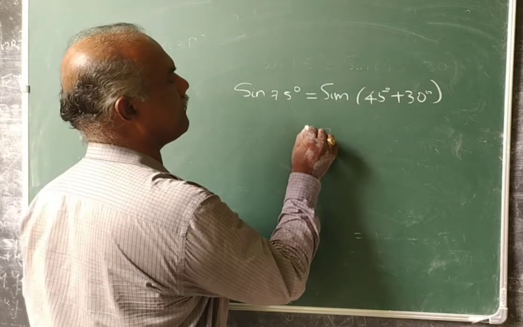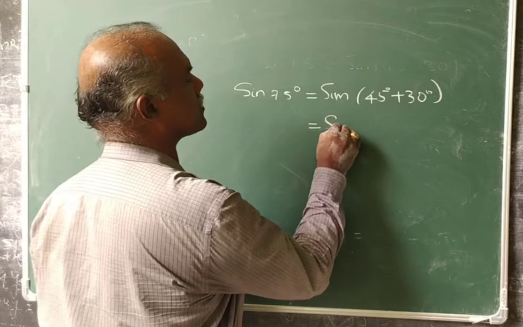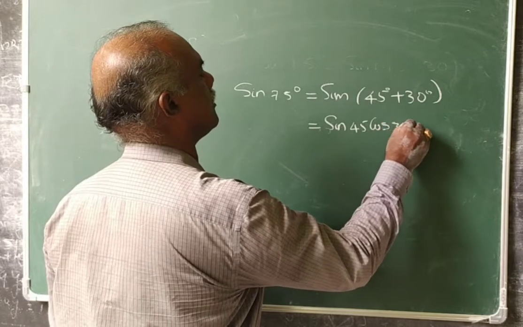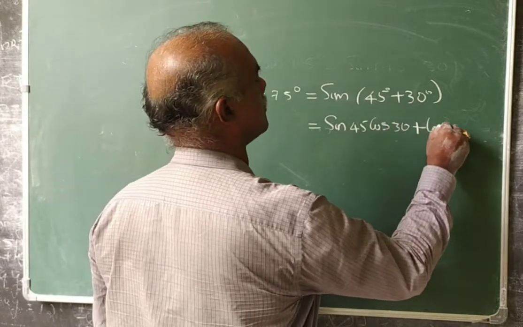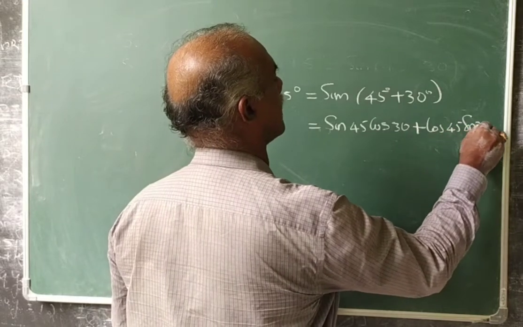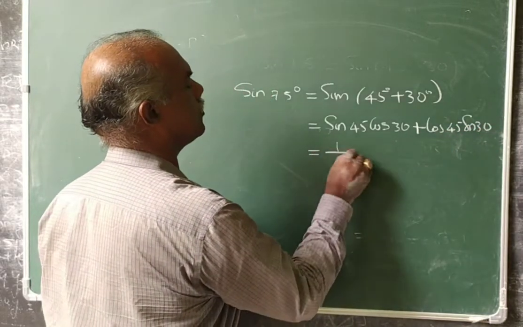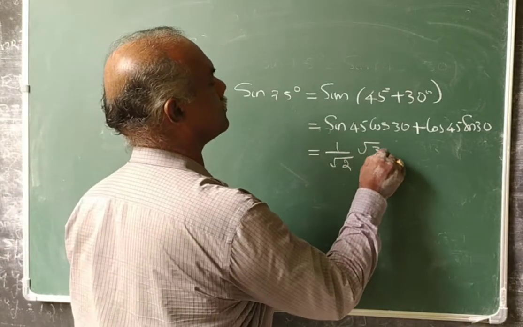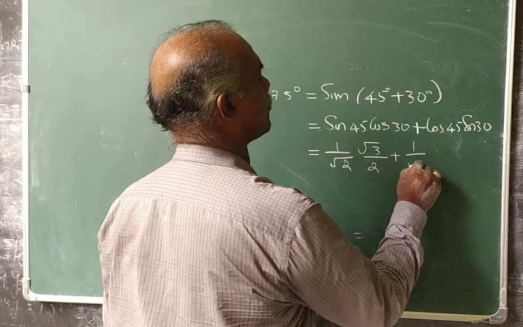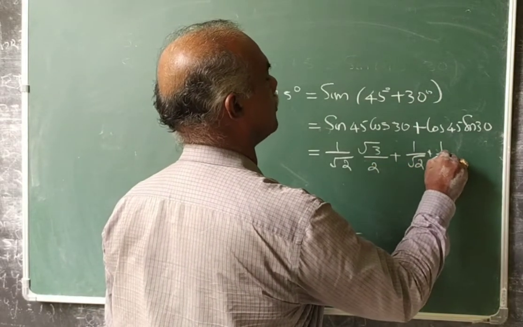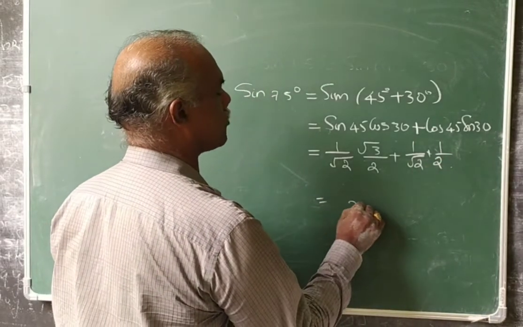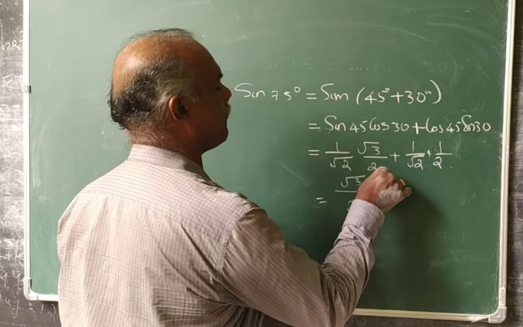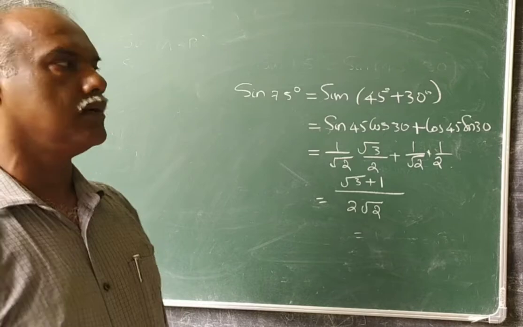Sine of A plus B we have sine A cos B. So this is sine 45 into cos 30 plus cos 45 into sine 30. And this is equal to 1 by root 2 into root 3 by 2 plus 1 by root 2 into 1 by 2. Once again, the denominator is common, that is 2 root 2, and the numerator is root 3 plus 1. Root 3 plus 1 by 2 root 2.